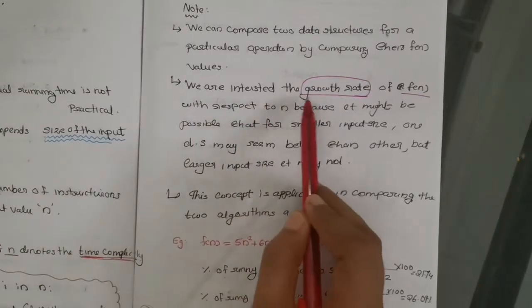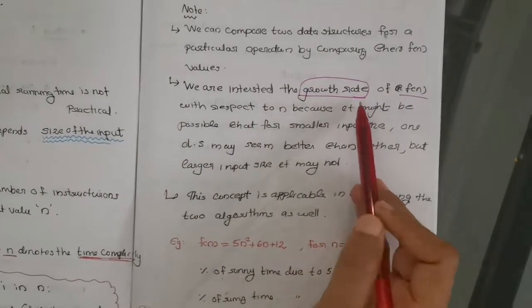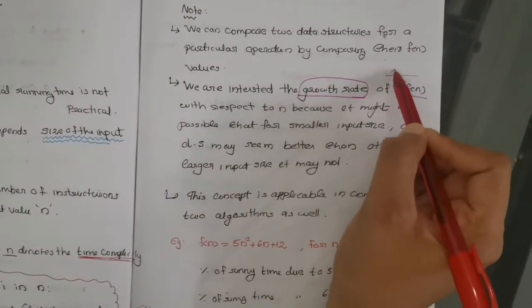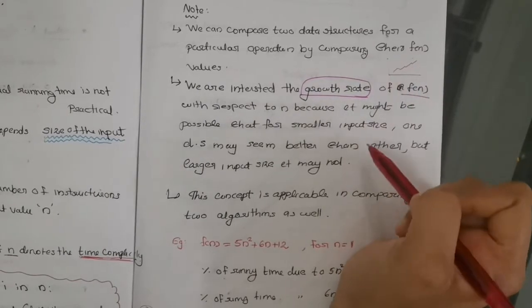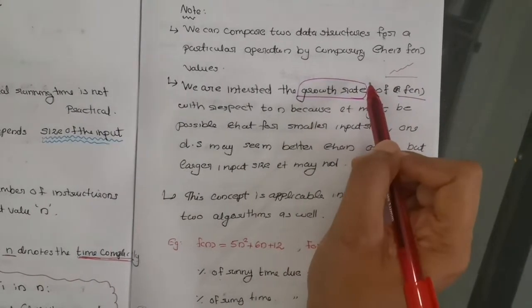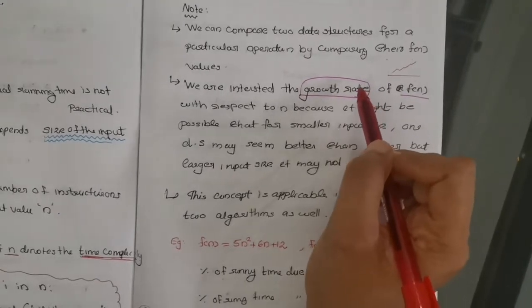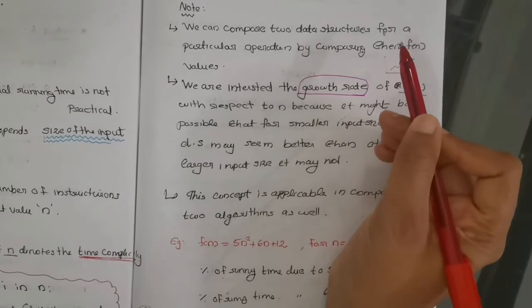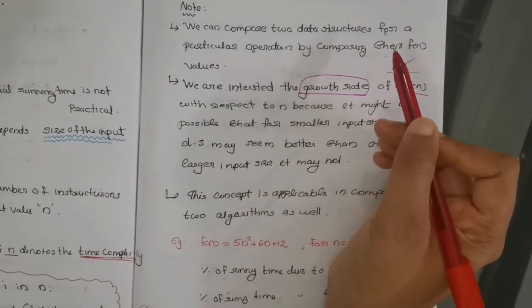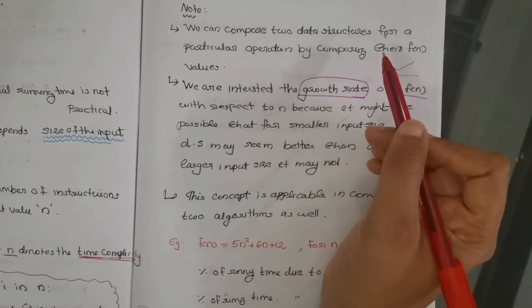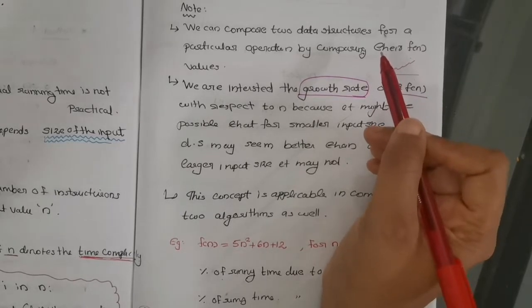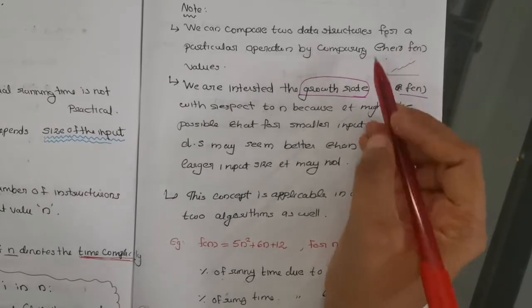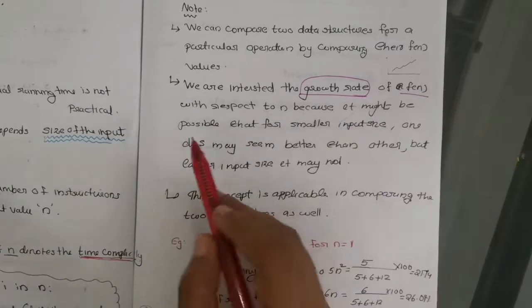And we are interested in the growth rate. We already know growth rate means how the graph grows, how the time increases depending on the input. As time increases, time complexity also increases, that means the program is going toward the worst case. So that is the growth rate of f of n with respect to n.